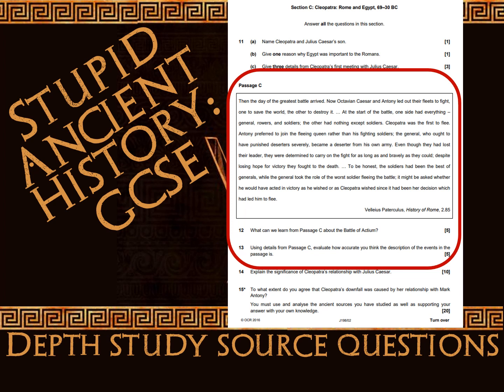The reason it's a good idea is that when you go to read the source, you know what you are looking for, you know what the issue is. In this example, the question is about the Battle of Actium. You know straight away what you're looking for, and it kicks your brain into that retrieval mode where, rather than just reading it going, oh that's nice, you instinctively look to extract things.